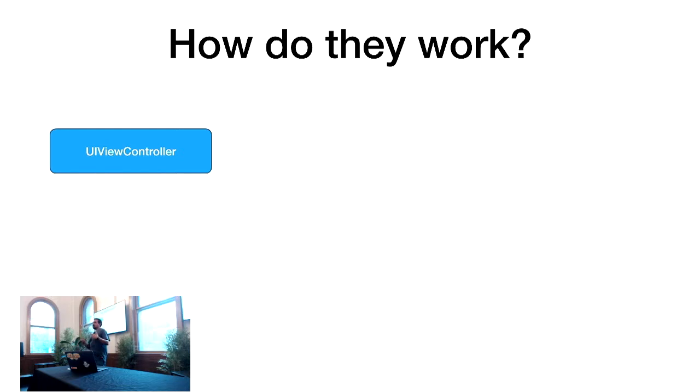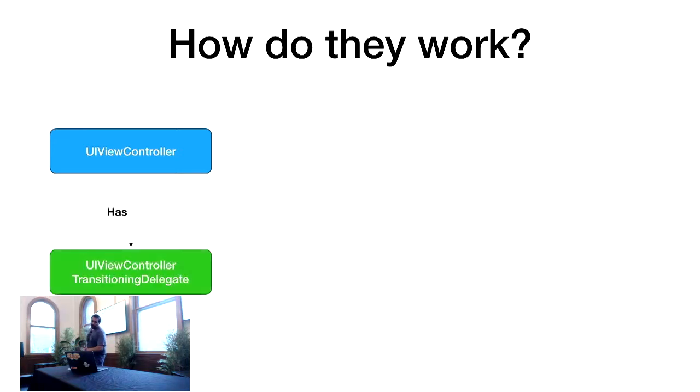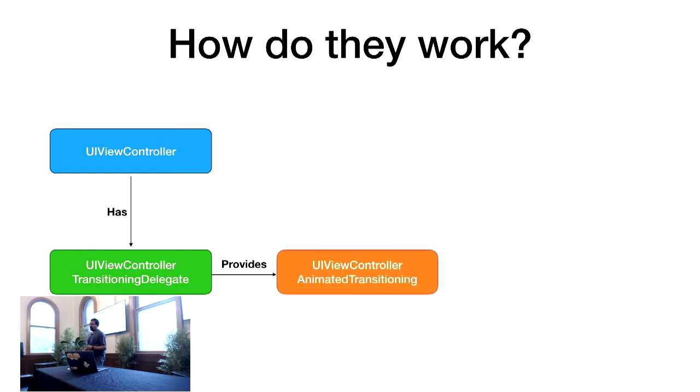If we want that view controller to be presented with a custom transition, we need to provide a transition delegate. And this delegate will have the job of providing the actual animator, which needs to be a class that adopts the protocol UIViewControllerAnimatedTransitioning. And through this, we can create the animation.